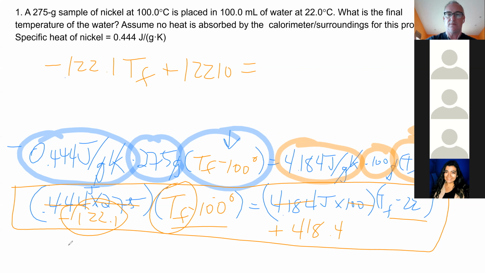That's going to be equal to 418.4 TF minus 418.4 times 22. So minus 9,204.8.